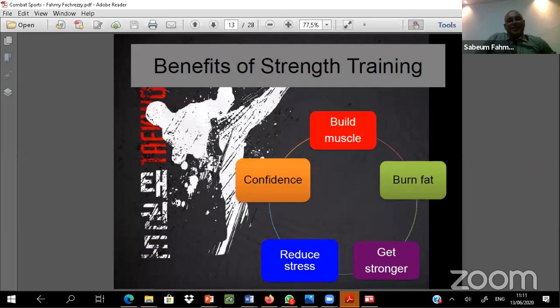The next, reduce the stress. COVID-19 made everybody stressed. So in the room, you can train, include strength training, and reduce the stress perfectly with the music. Number 5, confidence, because after finishing the strength training, you feel like, I'm okay, I'm strong now. You have confidence.